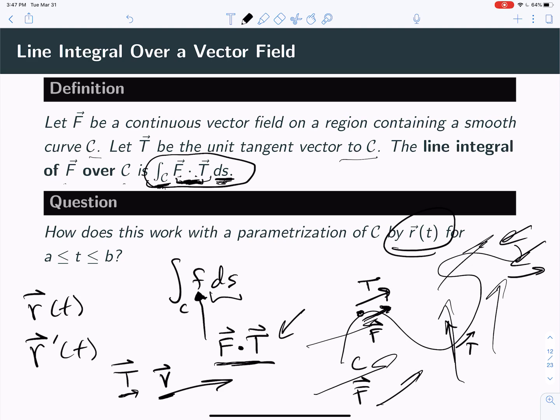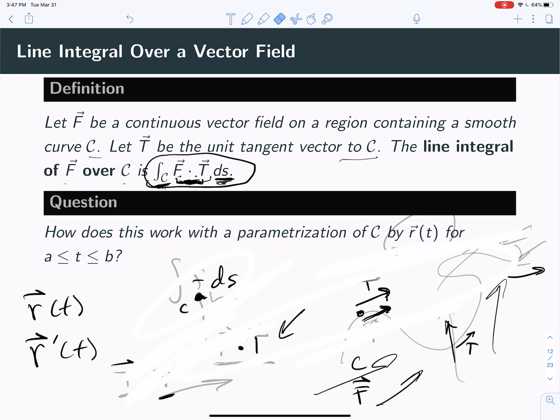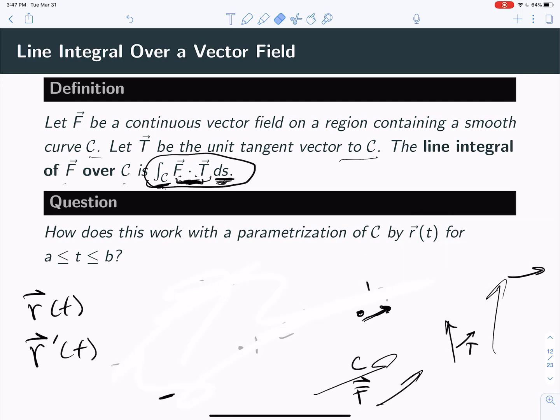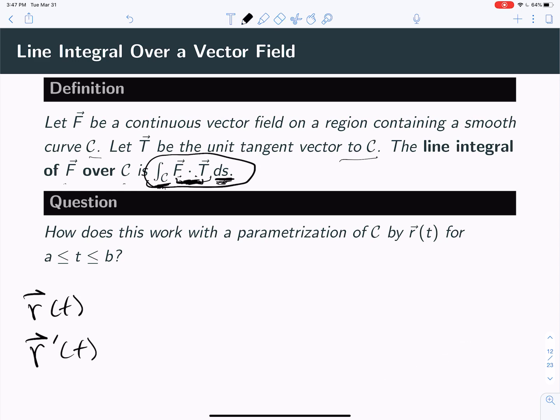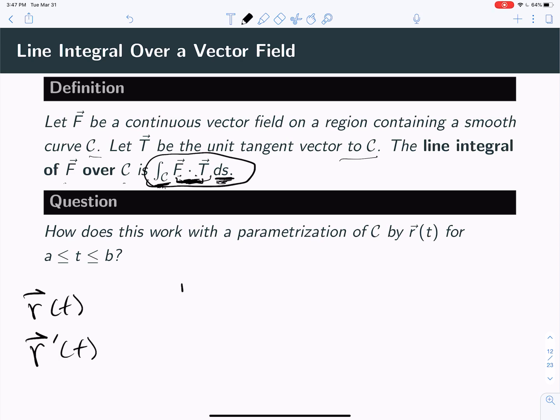So what ends up happening here, if I can maybe just erase some of this stuff to get a little bit of space, what you want to imagine is what we would normally have is T would be the velocity vector divided by the length of the velocity vector, right?